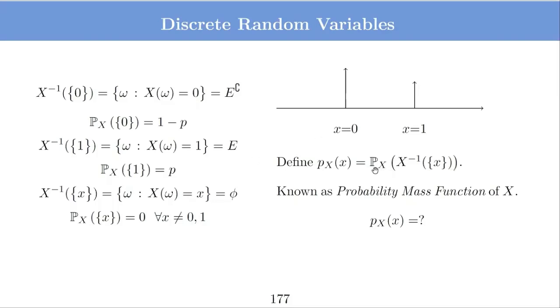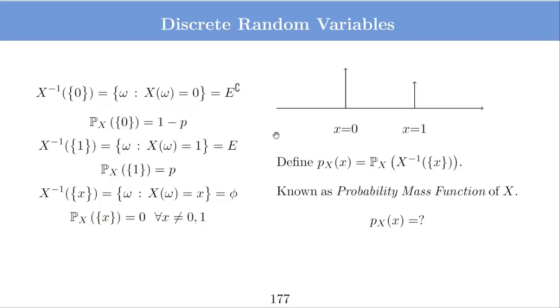So this new function, which is a function of x and of course depends on the random variable X, is known as the probability mass function. Why? Because this shows the probability of a mass at 0. Once you include 0, the singleton set 0 represents the set E complement, so you are including the complete probability in this new set.